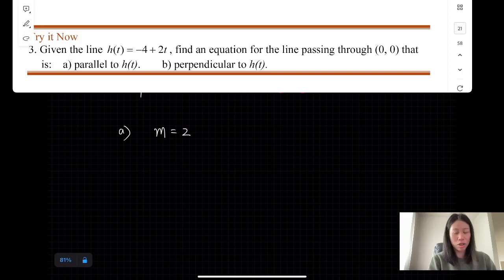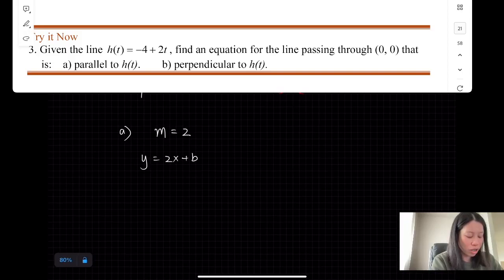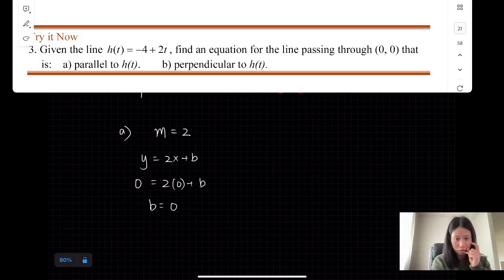So we have the equation 2x plus b. Also, this line passes through (0, 0), so I have 2 times 0 plus b, so b equals 0. So the line is going to be 2x. So this line is parallel to the line h of t equals -4 plus 2t.